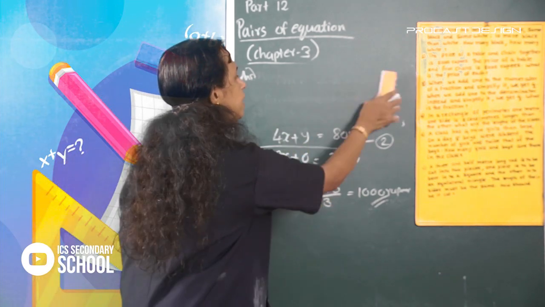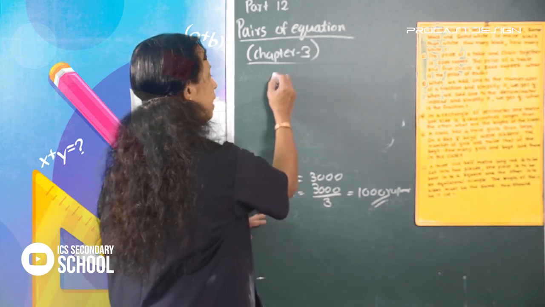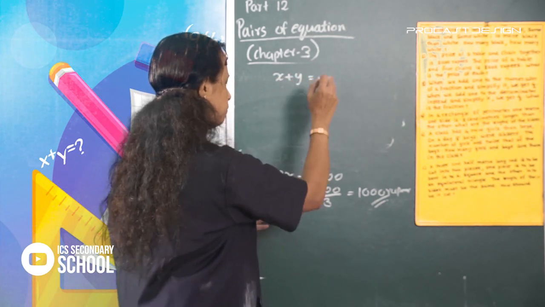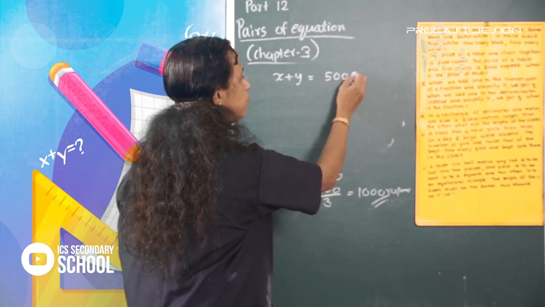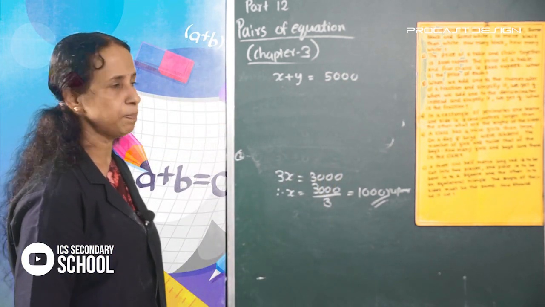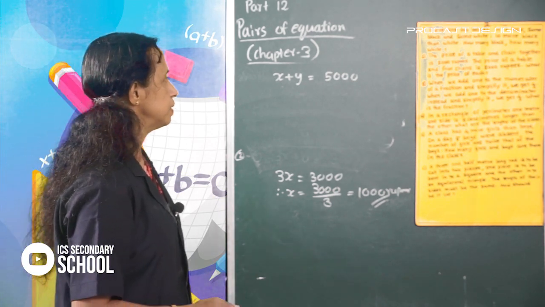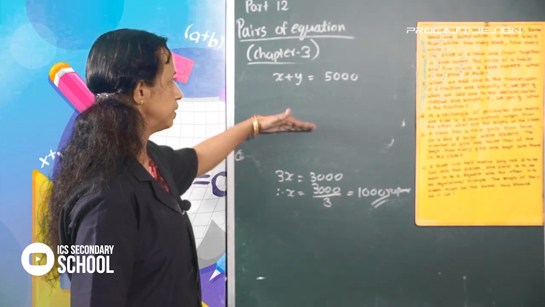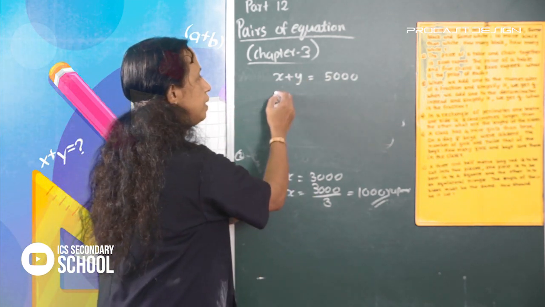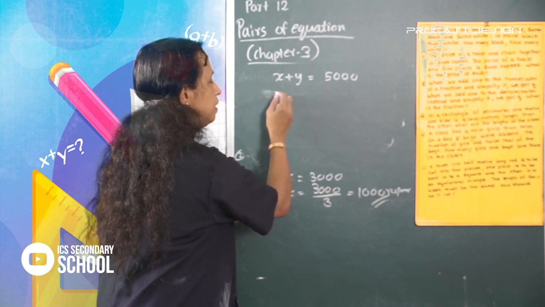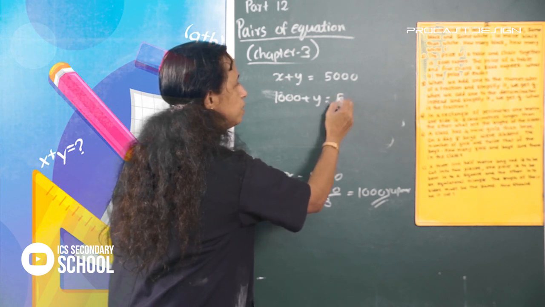The first equation is x plus y is equal to 5,000. Putting x as 1,000, 1,000 plus y is equal to 5,000.